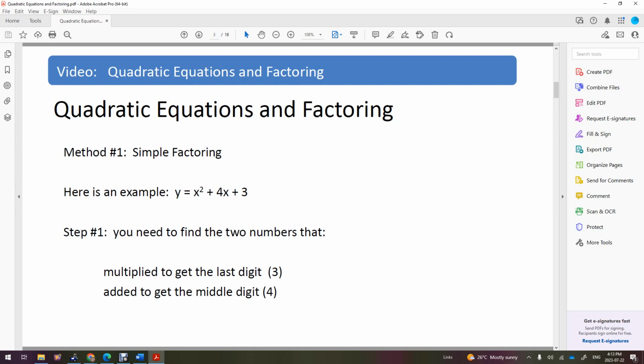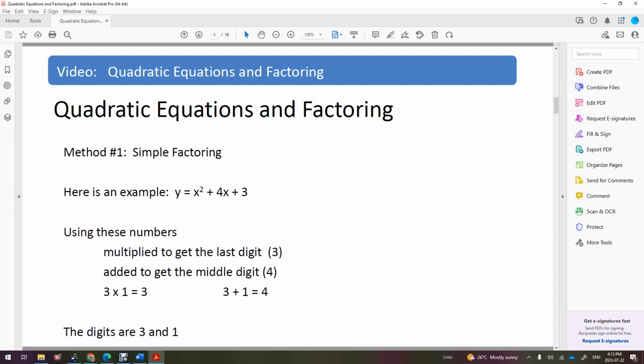Step number 1, you need to find the two numbers that multiplied to get the last digit 3, but add up to get the middle digit 4. We found that 3 times 1 would be 3, but 3 plus 1 is 4.